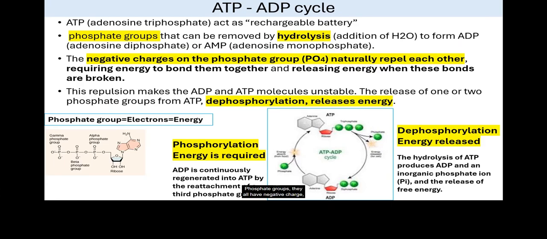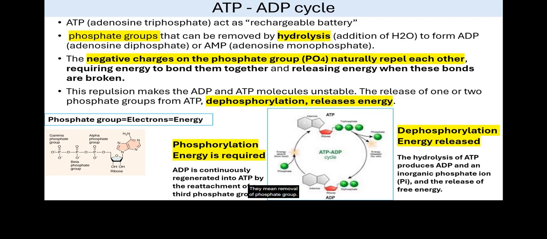Phosphate groups all have negative charge, so they repel from each other, they are not attracted. It requires energy to connect them together, or it will release energy if we break the connection between phosphate groups. The reaction when we convert ATP to ADP is called dephosphorylation because we're removing a phosphate group.